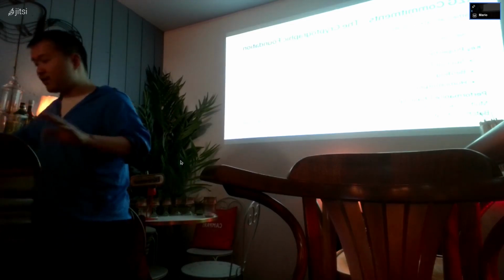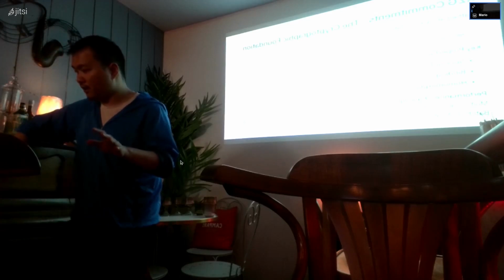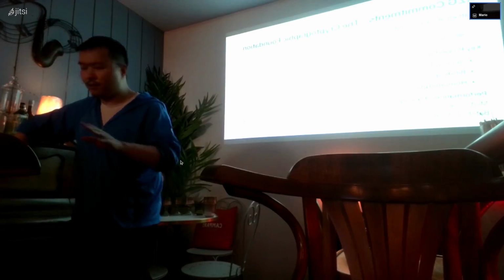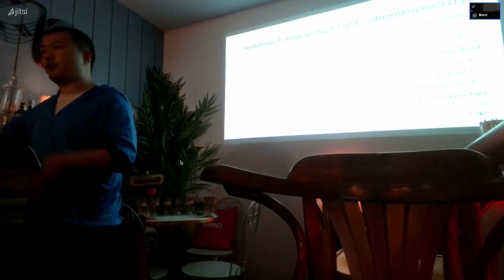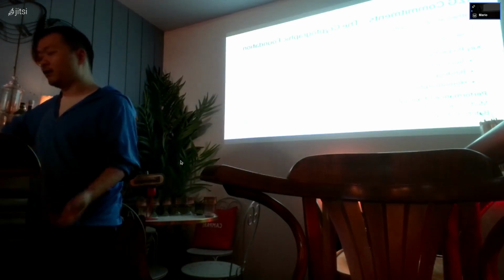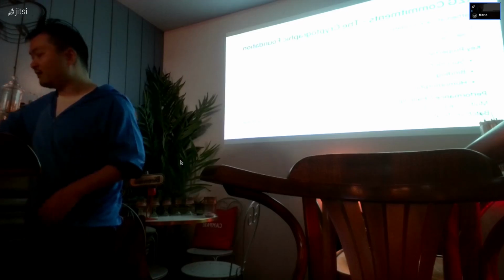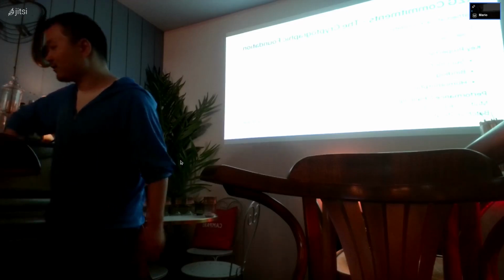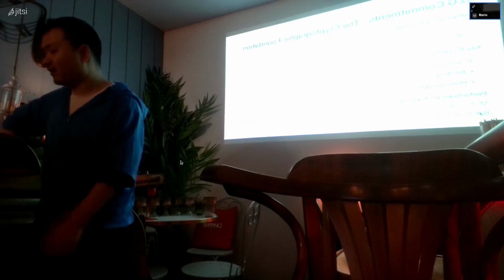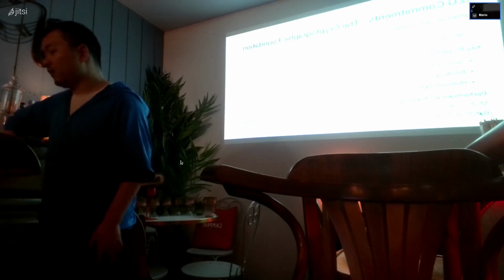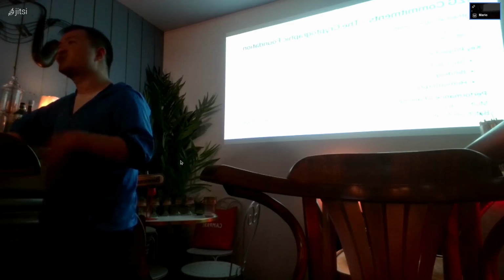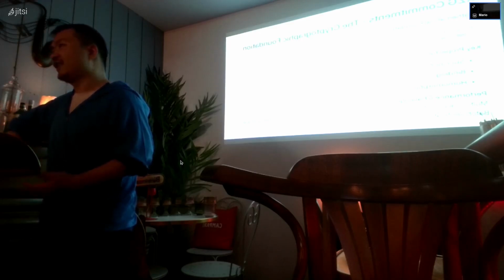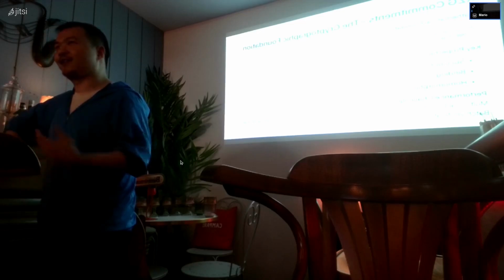KZG has some major time-consuming operations like multi-scalar multiplication, NTT, and setup. Setup is quite big, but it's roughly okay, and it's not what we are going to deal with here. Batch verification is quite nice, but generating the batch proof is also quite time consuming.